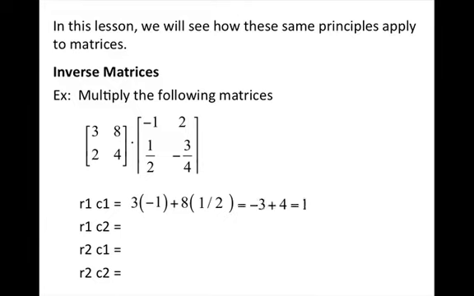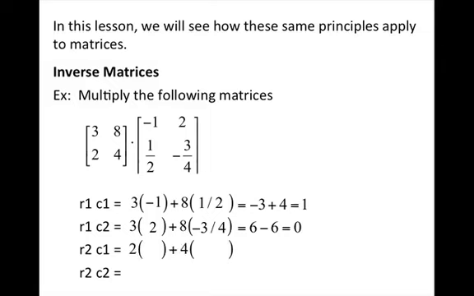This gives me -3 plus 4, which is 1. Row 1 was the 3, 8, and this time times column 2 is 2, -3/4. Well, 3 times 2 is 6, and 8 times -3/4 is a -6, so this gives me a 0. Now row 2 is 2, 4.